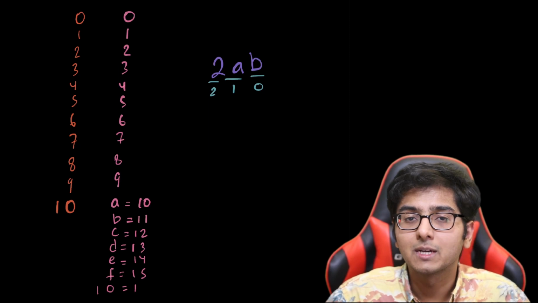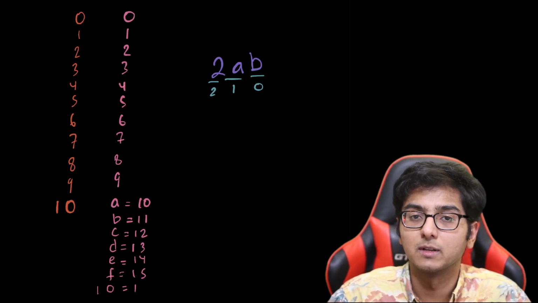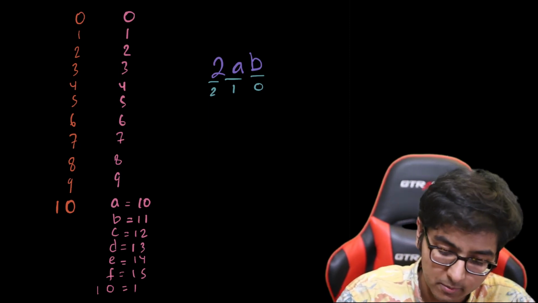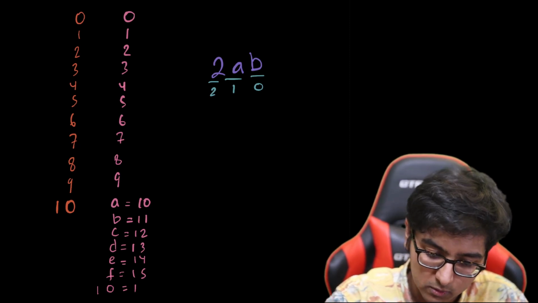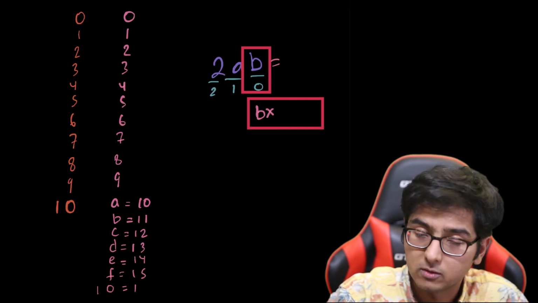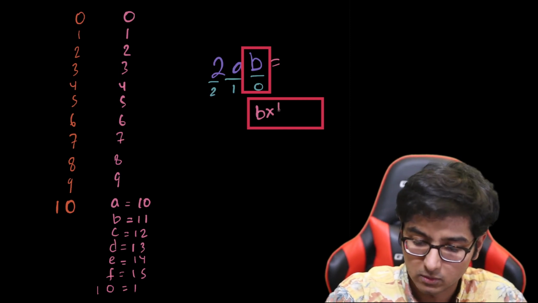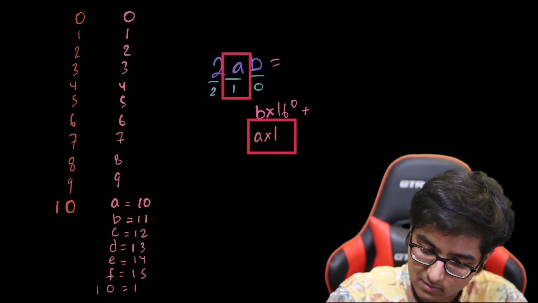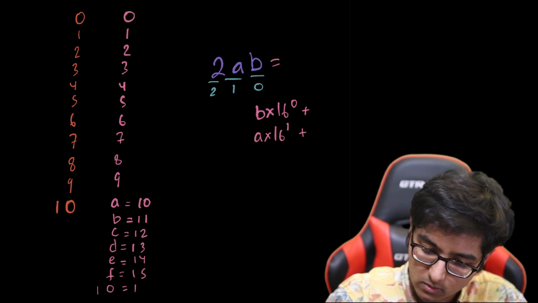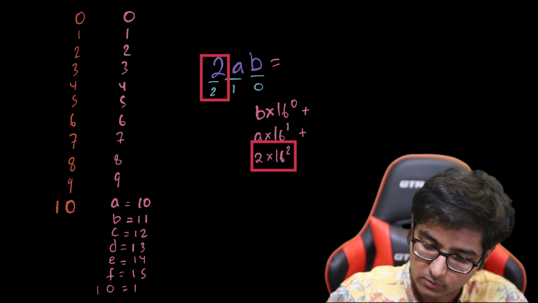And now, how do we convert from a hexadecimal number to a decimal number? Well, it's just like we've been doing before with every other numbering system. We're going to write this as equal to B multiplied by, remember our base is 16, so 16 to the power 0, plus A multiplied by 16 to the power 1, plus 2 multiplied by 16 to the power of 2.